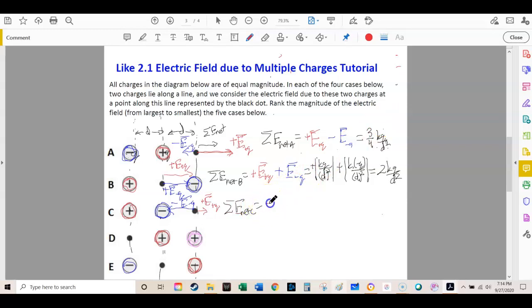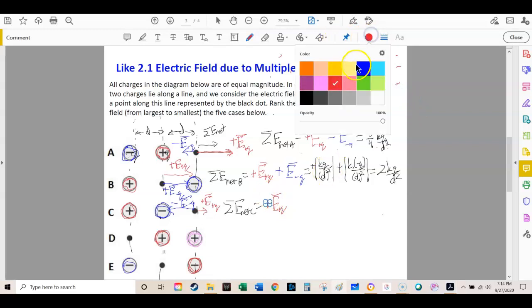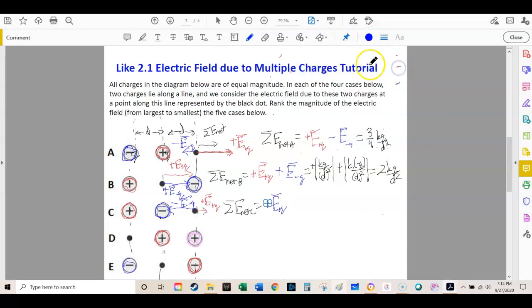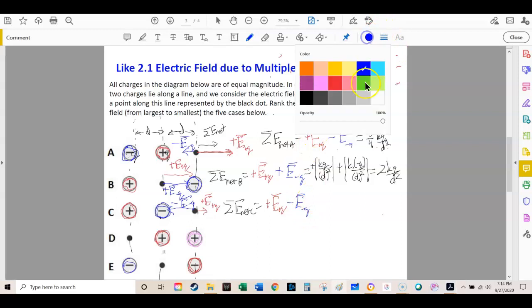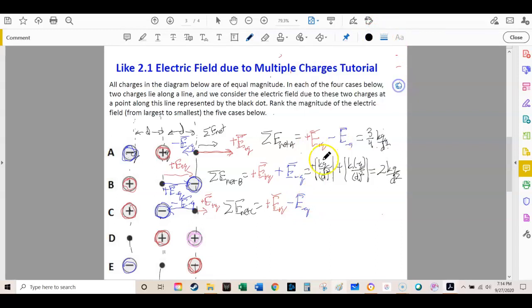All right, we have a positive E to the positive Q. And we have an electric field pointed to the left due to the negative Q. Again, don't mistake that this negative in front here has anything to do with that negative. Okay, it's just the negative in front here is the direction of the field vector.